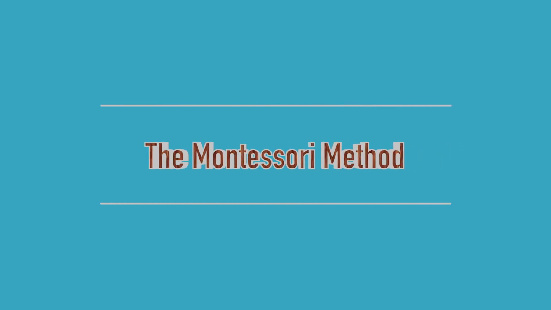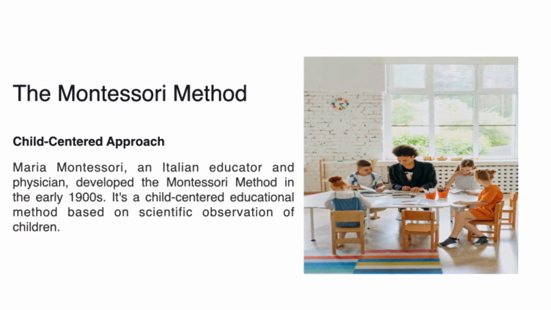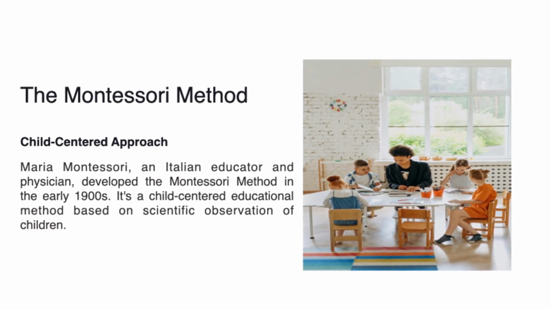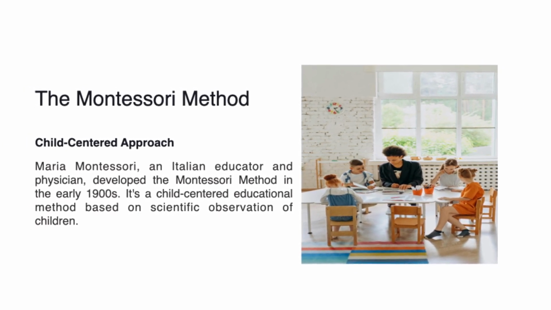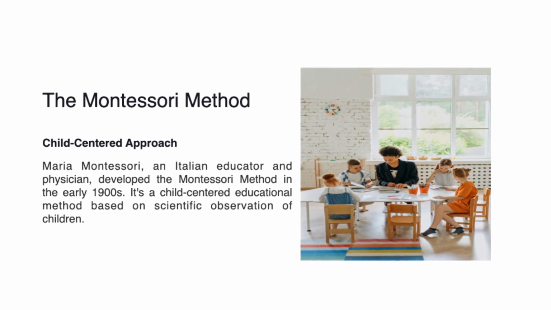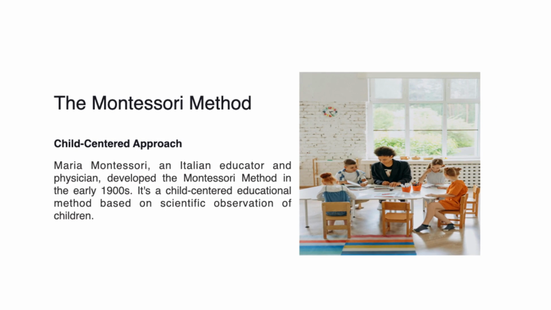The third method which we are going to discuss here is the Montessori method. Maria Montessori, an Italian educator and physician, developed the Montessori method in the early 1900s. It is a child-centered educational method based on scientific observation of children. So it is also a child-centered method.